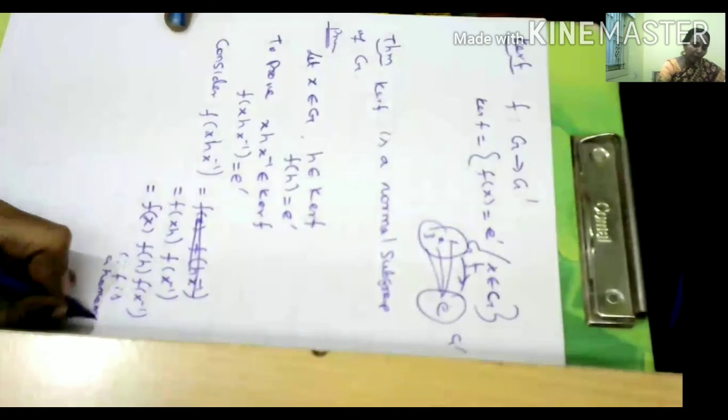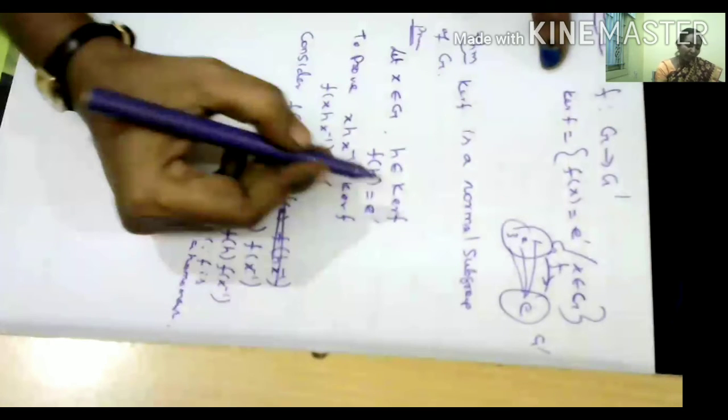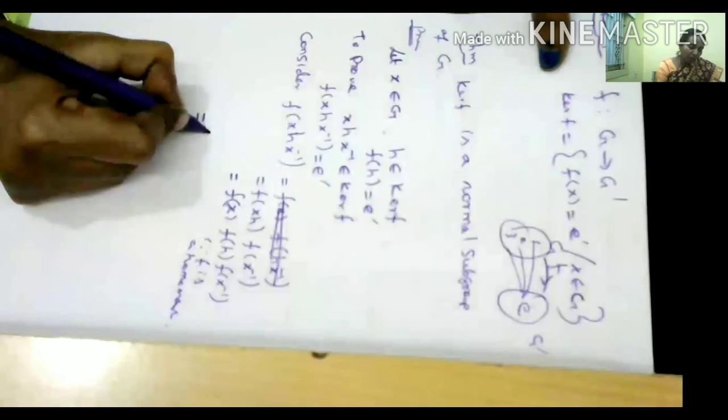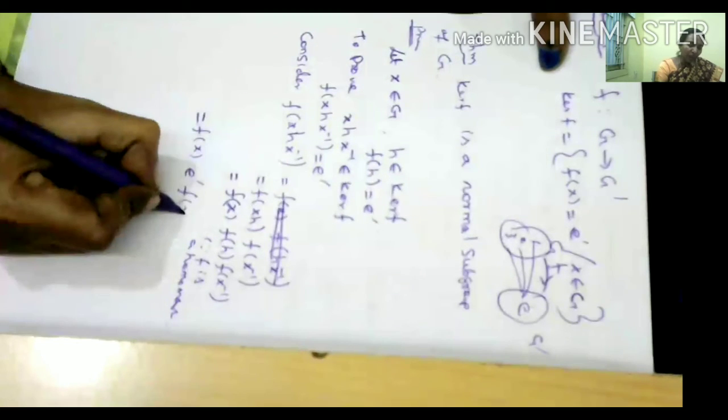Since F is a homomorphism map, now we can put F of H as E dash, because H belongs to kernel F. So this is equal to F of X into E dash into F of X inverse.